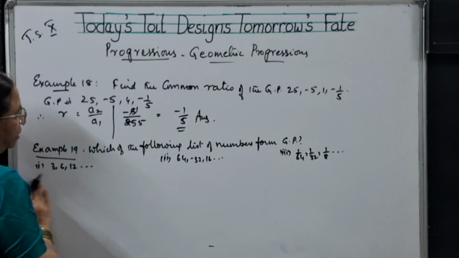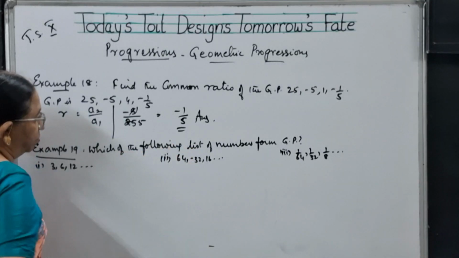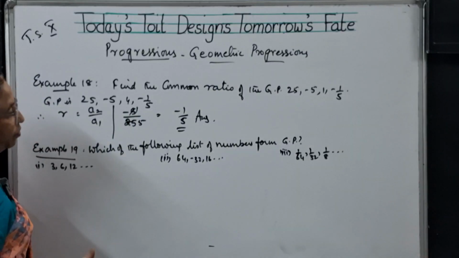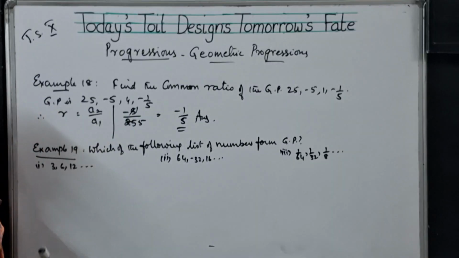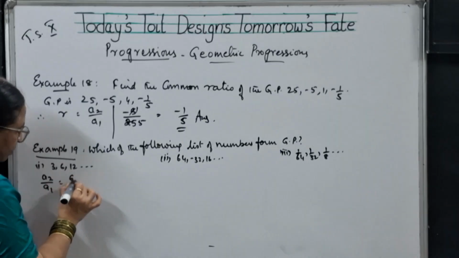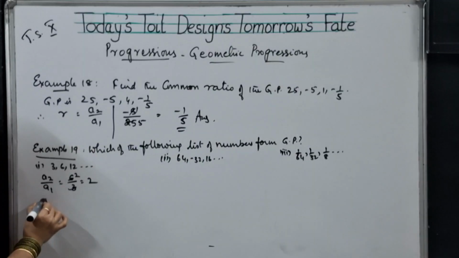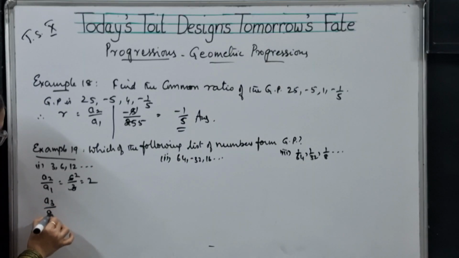Now example 19. Which of the following list of numbers form a GP? So to know whether it is in GP or not, we need to find out whether a common ratio exists. So let me write A2 by A1. That is 6 by 3. 3 ones are 3, 3 twos are 6. I have got 2. Now A3 by A2.